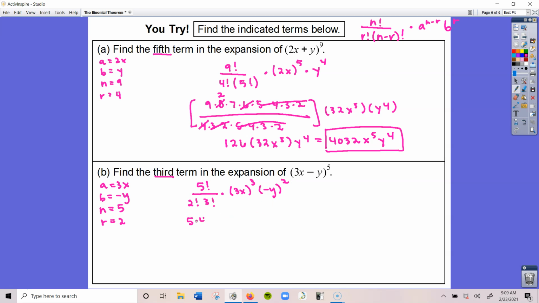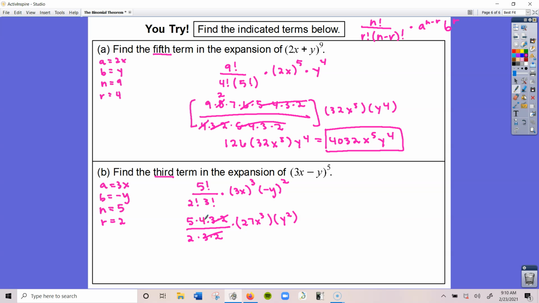This is 5 times 4 times 3 times 2 over 2 times 1, right? But I don't need to write that, times 3 times 2. 3x to the third, 3 to the third is 27, x to the third. And then negative y squared would become a positive y squared. These 3 2's cancel.